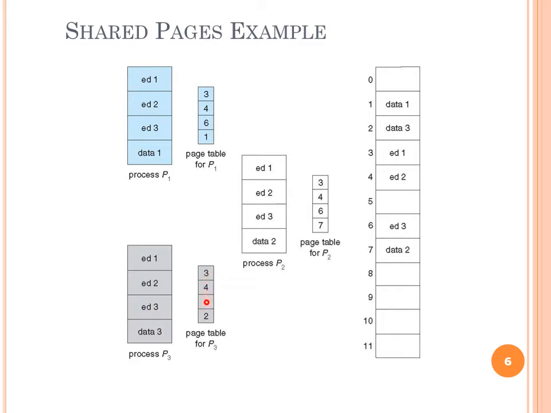So the same frame numbers are written here, but data 3 is stored separately for P3, so it is stored in frame 2. So we can see that editor 1, editor 2 and editor 3 are stored in frames 3, 4, 6, which are commonly shared among the three processes.